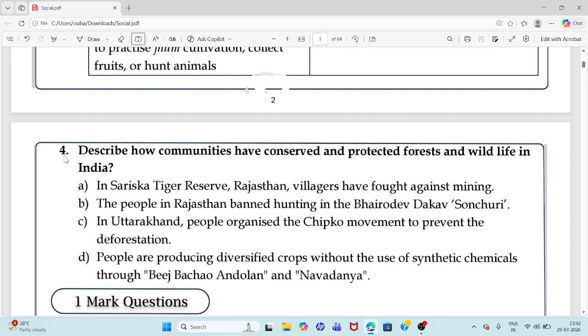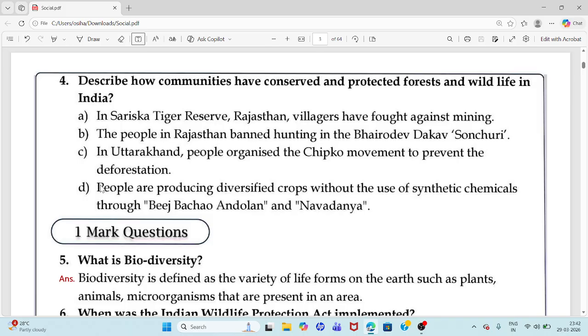Okay. Fourth question. Describe how communities have conserved and protected forests and wildlife in India. In Sariska Tiger Reserve, Rajasthan, villagers have fought against mining. The people in Rajasthan banned hunting in the Bhairodev Dakav Sonchuri.